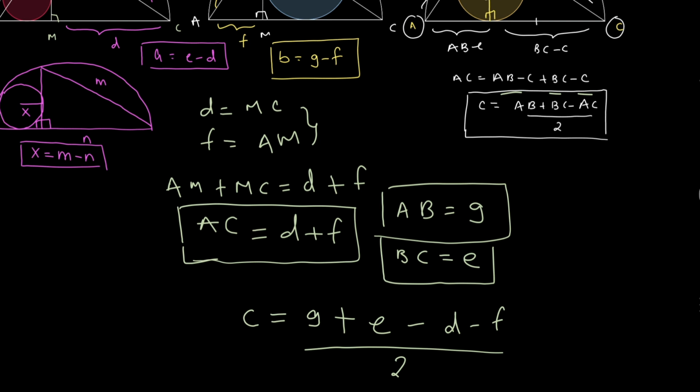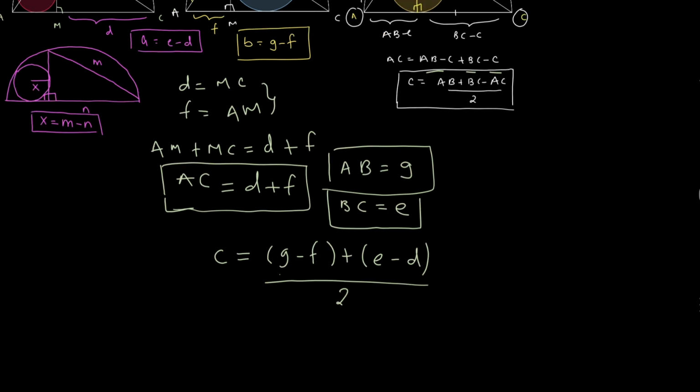We will take G with F and E with D. So I can rewrite this thing as G minus F plus E minus D, all over 2. Okay. Now look carefully over here. The first bracket is G minus F, and the value of G minus F is equal to B. Similarly, the second bracket is E minus D, and from the first equation we have the value of E minus D equal to A. So we can replace that thing over here. So we will finally get the value of C equal to A plus B upon 2.